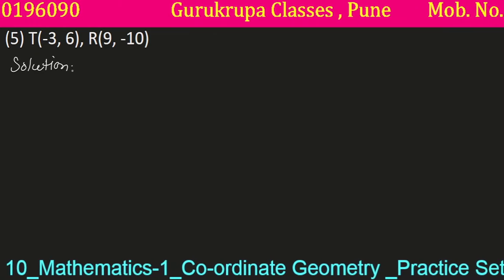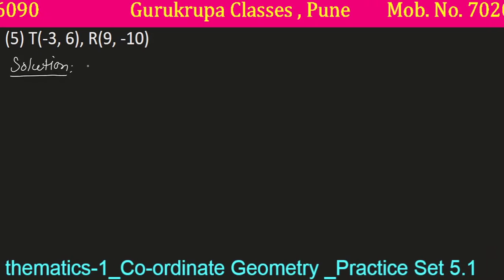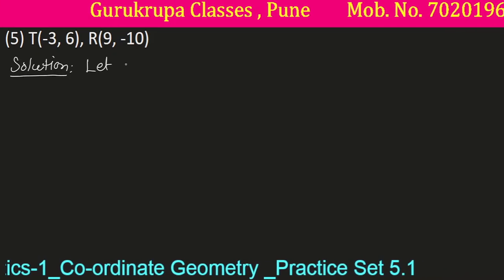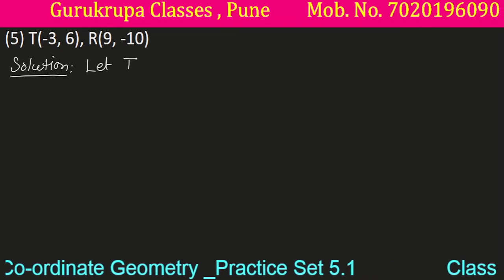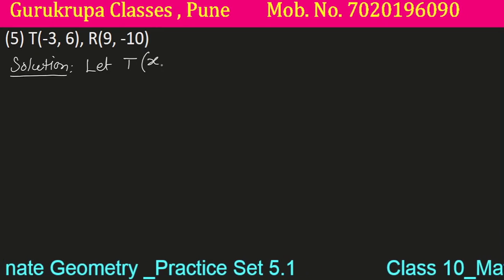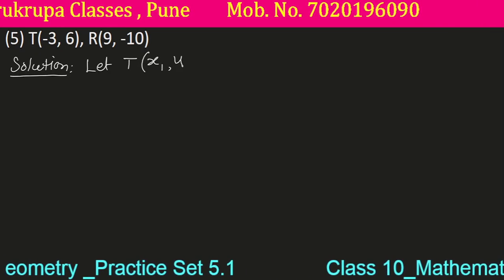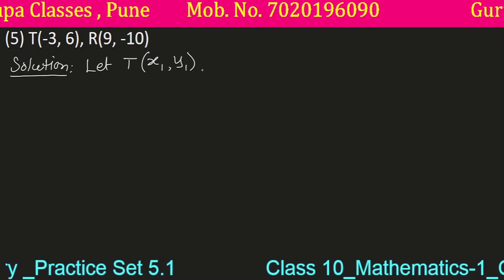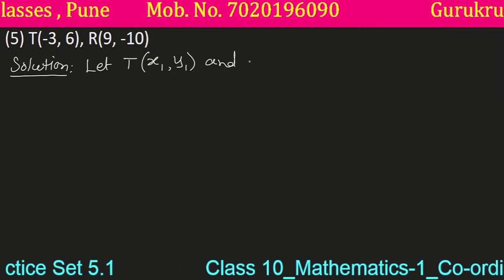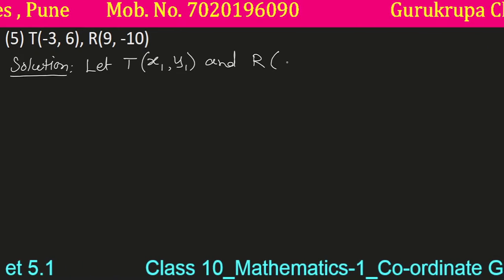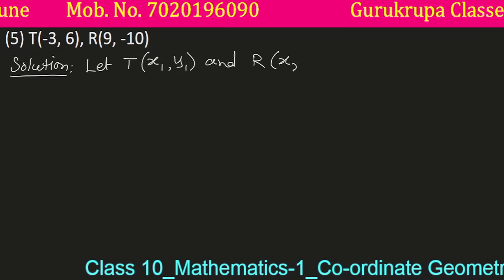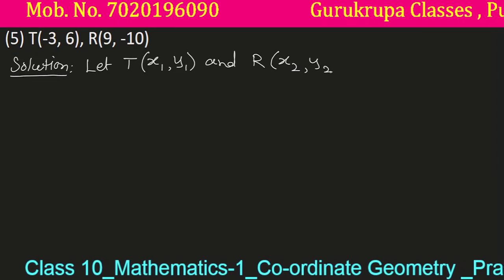The coordinates of T and R are given. Let us name them: let T have coordinates x1 and y1, and for R we suppose coordinates x2 and y2.